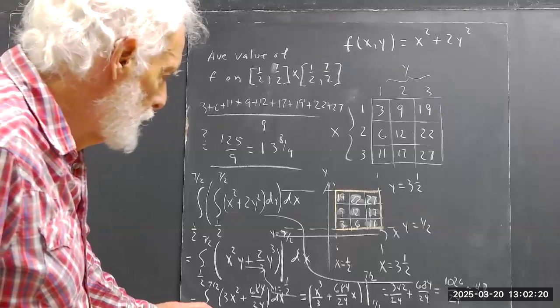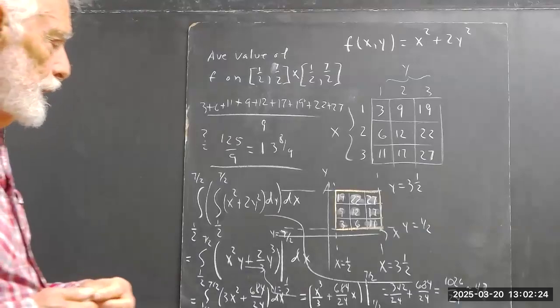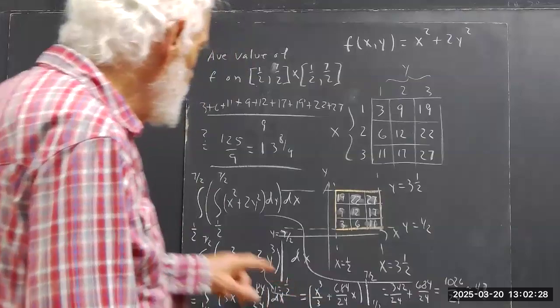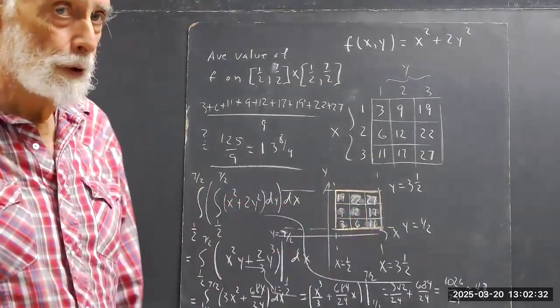No, it didn't. I mean, I'm sure I did, not what I thought I did. Okay, now, if I want to find the average value of this function on this rectangle, what do I do?